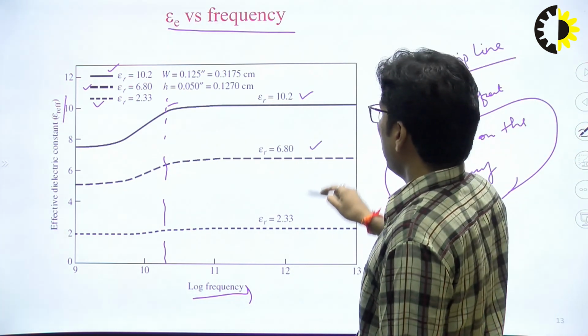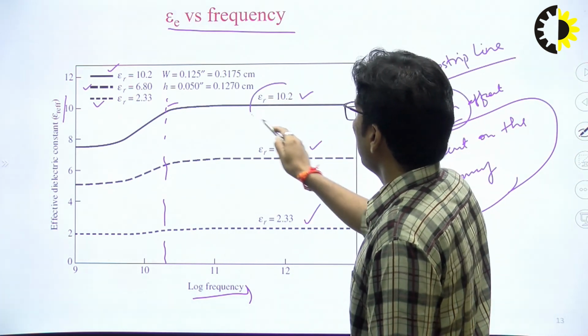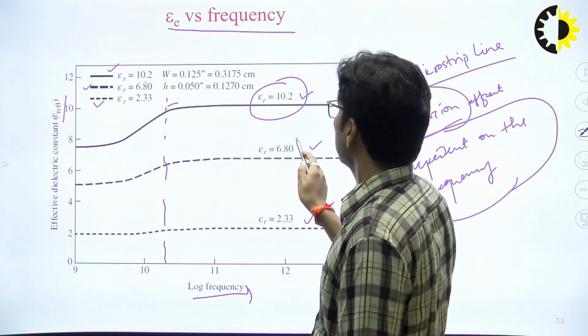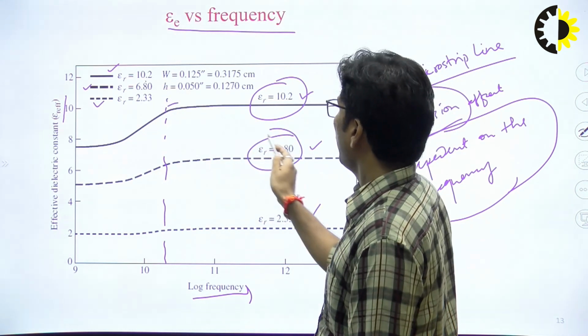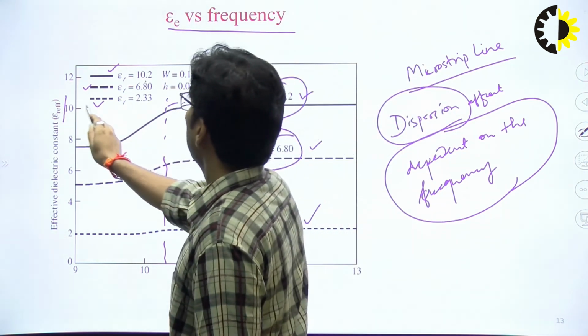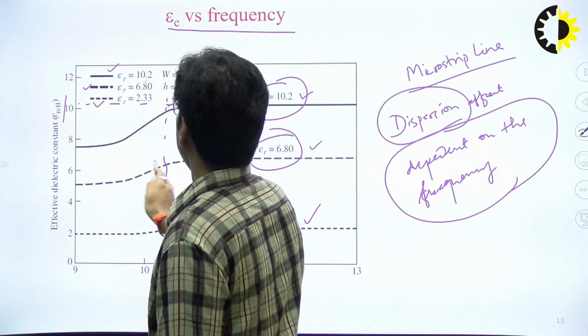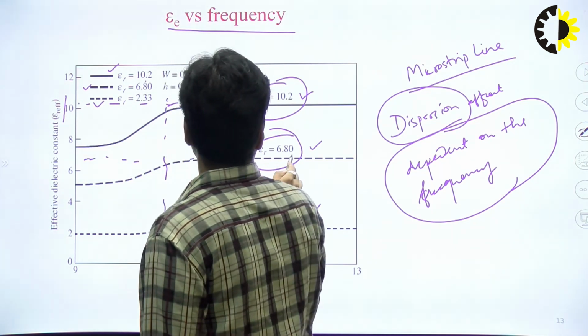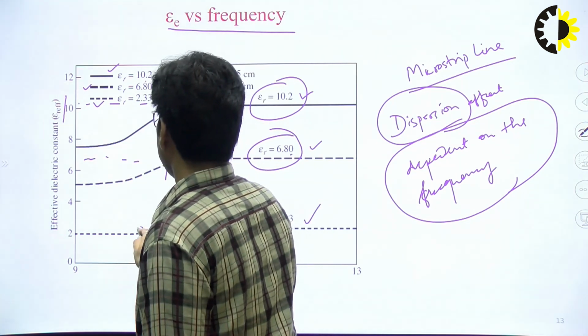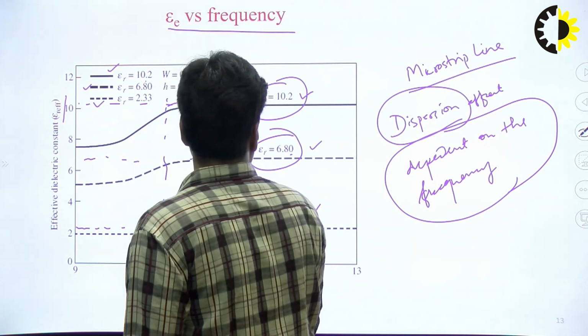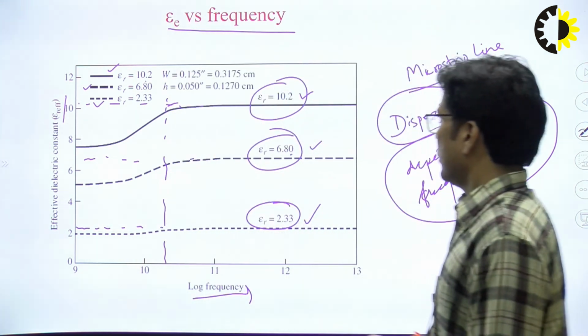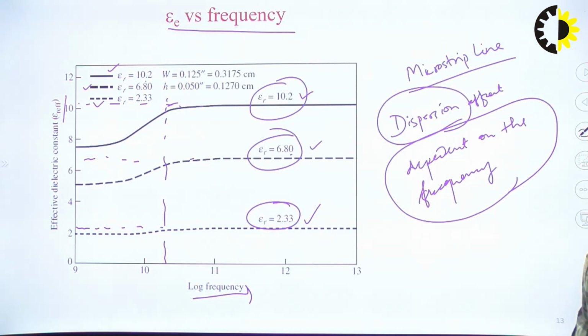Here the values get saturated, the same values we have: 10.2, 6.80, and 2.33. This is all about the microstrip line.